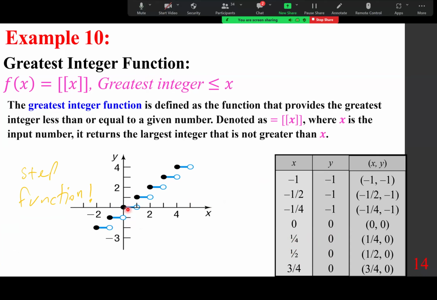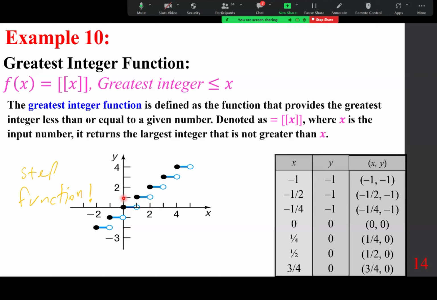So what this means is if you pick a number that is 0 or anywhere between 0 and 1, 0.1, 0.2, 0.9, 0.8, whatever you want to pick, the answer is 0. That's why it's this point. But between 1 and 2, it's 1, or 1.1 or 1.5 or 1.9 or 1.8 or 1.4, doesn't matter.